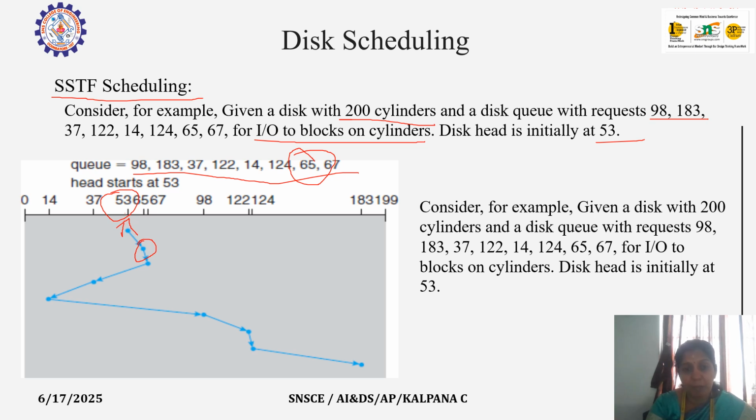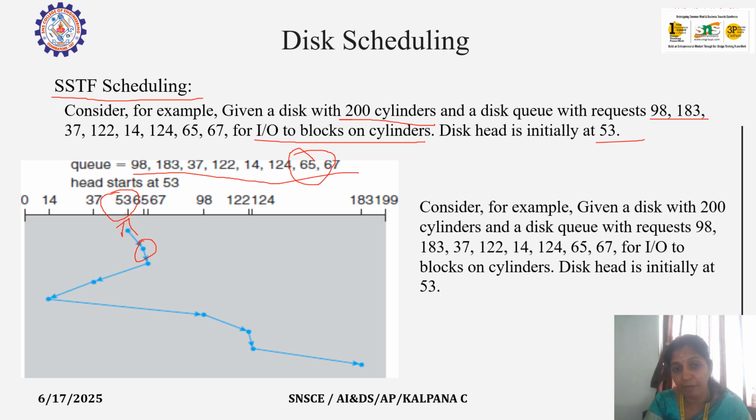If you do, what happens? 65 minus 67, you get 2. So from 65 it is easy to reach 67. So next is 67. From 67, likewise we have to subtract with 98, 183, 37, 122, and so on.